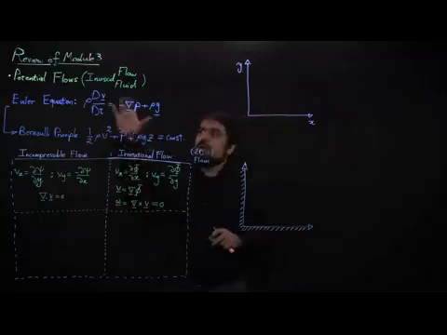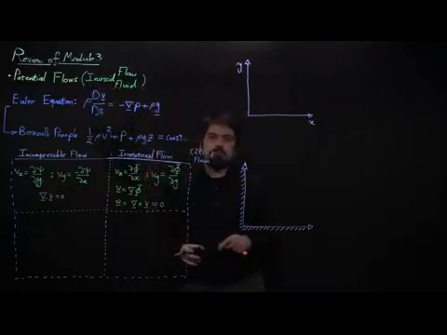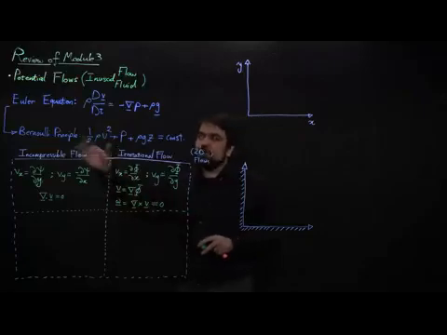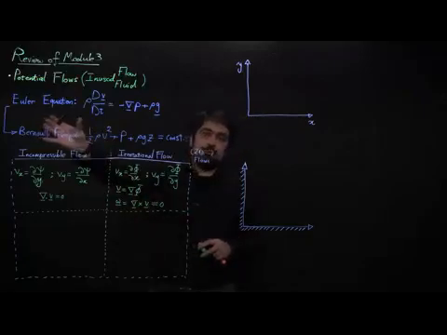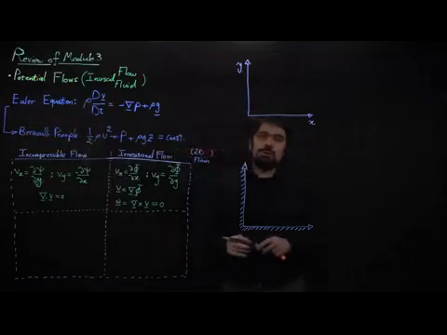In principle, the outcome of either of these would be the fact that we ignore the viscous terms in the Navier-Stokes equation. Our governing equation, which is the balance of momentum per unit volume, boils down to what we called Euler equation.